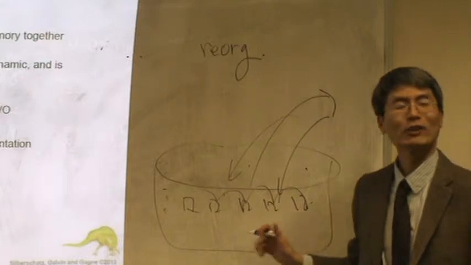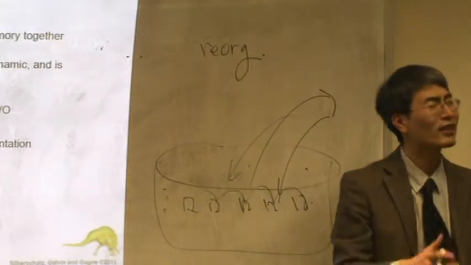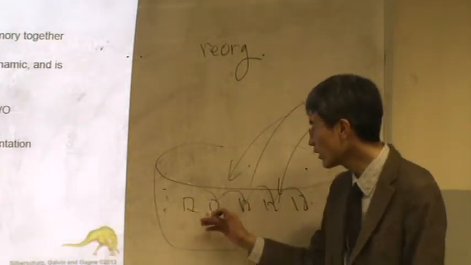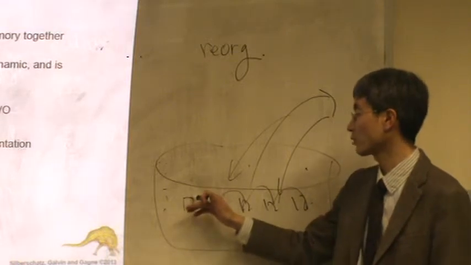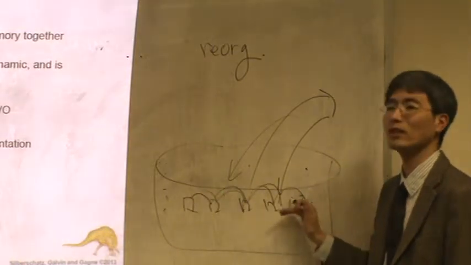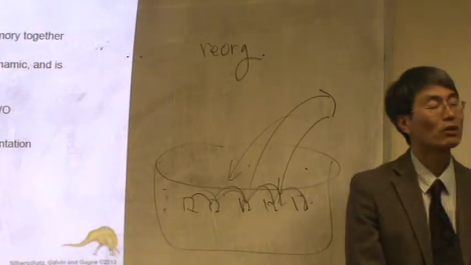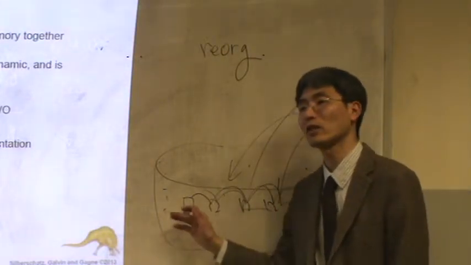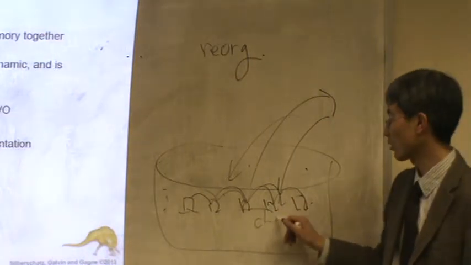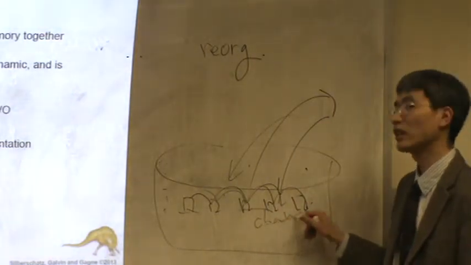So it will take a longer time as time goes on to access the data. It's getting slower. This is called fragmentation, or the chaining issue.